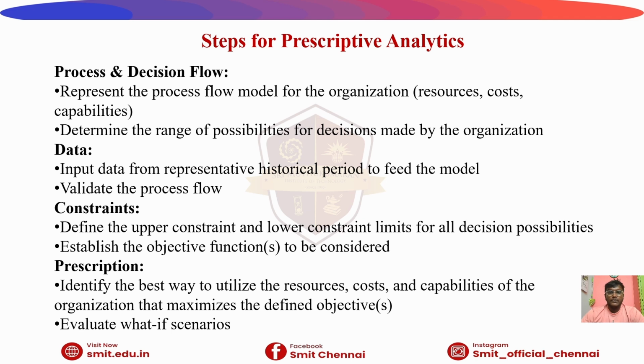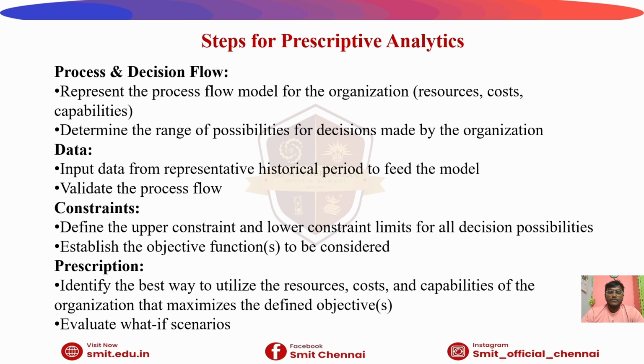Steps for prescriptive analytics. Prescriptive analytics follows these steps. First, process and decision flow, which represents the process flow model for the organization, meaning resources, cost, and capabilities. It also determines the range of possibilities for decisions. Then data: input data from a representative historical period to feed the model. Then validate the process flow.